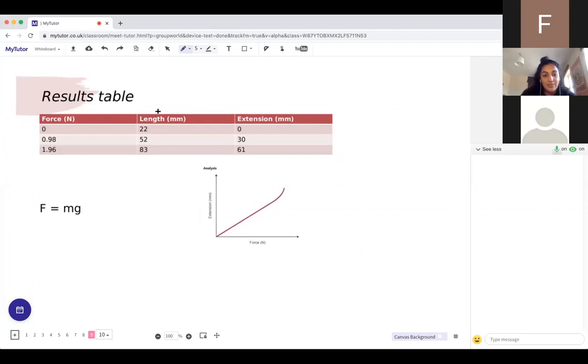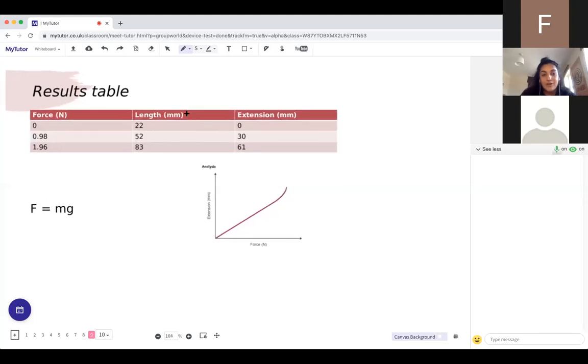Force, length, and extension. You can choose to do the measurements in whatever you want, millimeters, centimeters, or meters. Millimeters tends to be what we recommend.